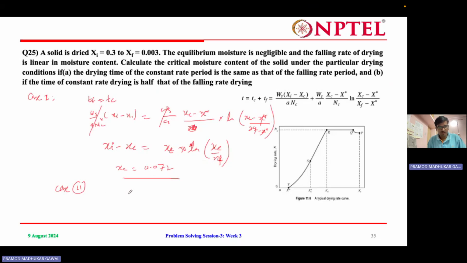So Xi minus Xc equals half of the falling rate term, Xc ln(Xc by 0.003), where X here is 0.3. So the critical moisture content Xc is 0.108.